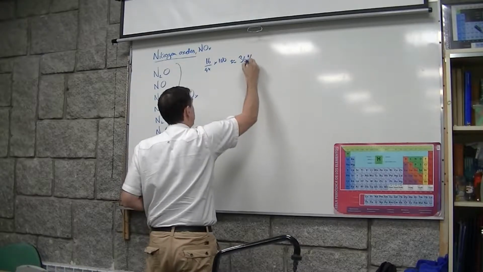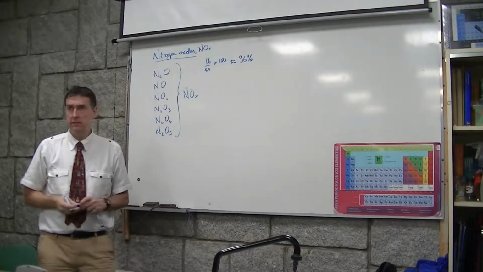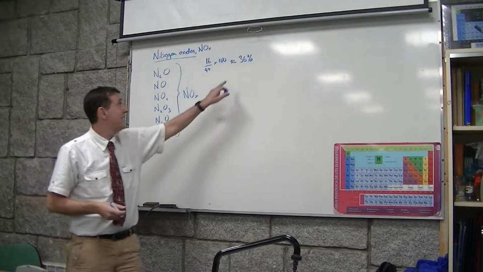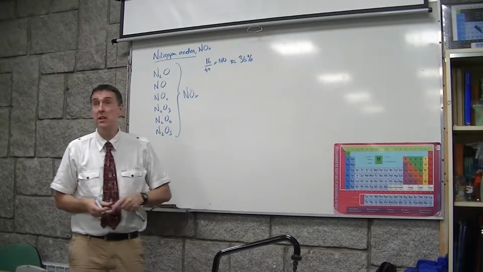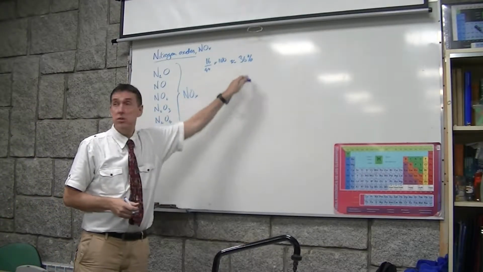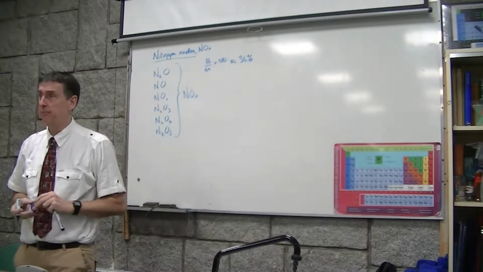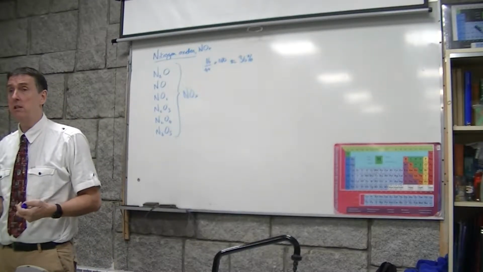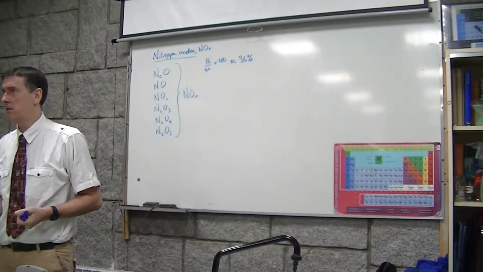What's the percentage of oxygen in the air? 21. About 20, right? So in other words, this is almost double the percentage of oxygen in the air. So this supports combustion much, much better than air. And that's why they use N2O cylinders in hot rod cars.